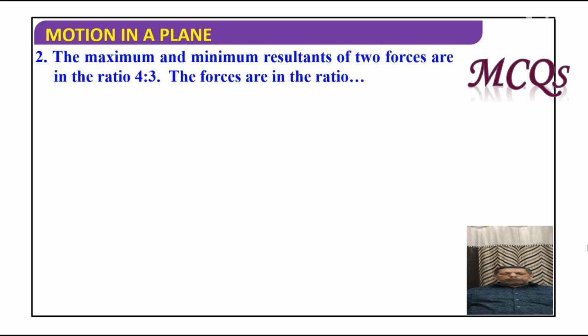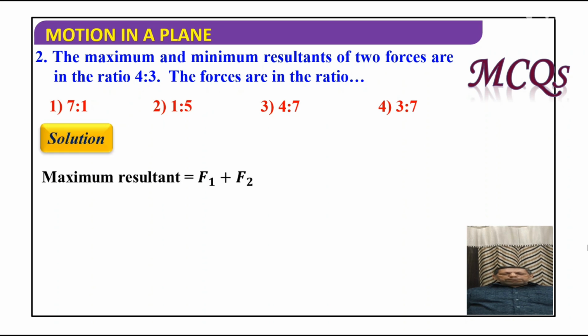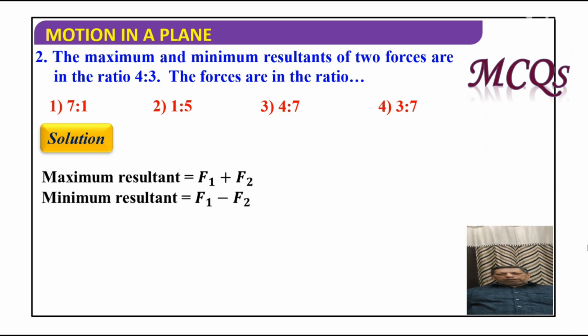the ratio of 4:3. The forces are in the ratio of: first option 7:3, 7:1, second option 1:5, third option 4:7, fourth option 3:7. So the solution is: when will the force be maximum? When the two vectors add, F1 plus F2. When will the minimum resultant be, F1 minus F2. So the ratio of the two is F1 plus F2 over F1 minus F2 is equal to 4/3.